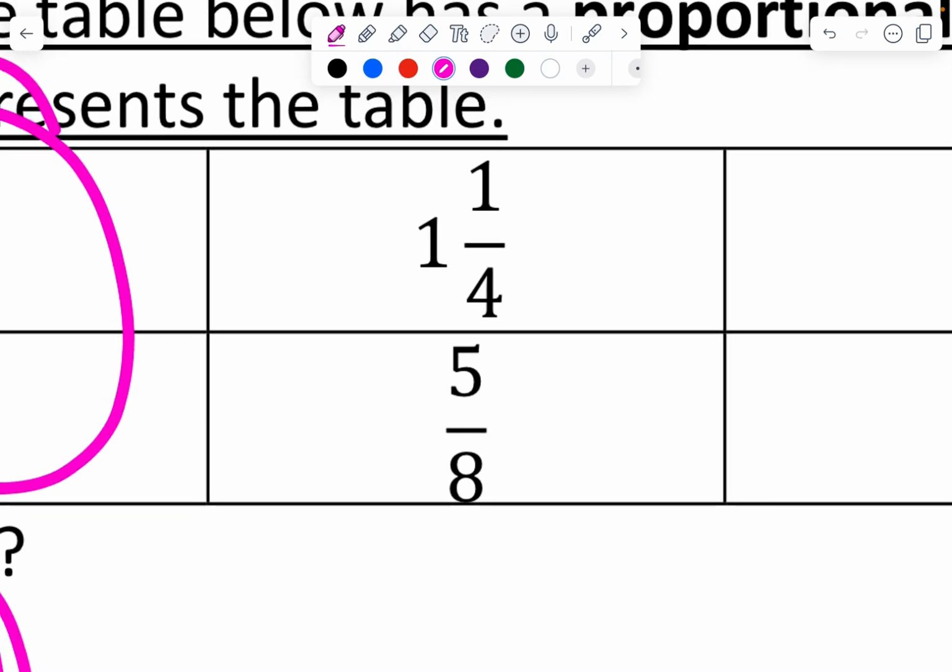But right here, I got a mixed fraction, and I know that little rule is, let's multiply 4 times 1. 4 times 1 is 4, plus the one up top, so right here. You multiply these two, 4 times 1, that gives us 4. 4 plus 1 is 5. The denominator is still the 4.